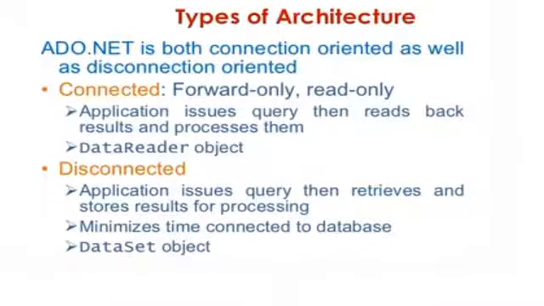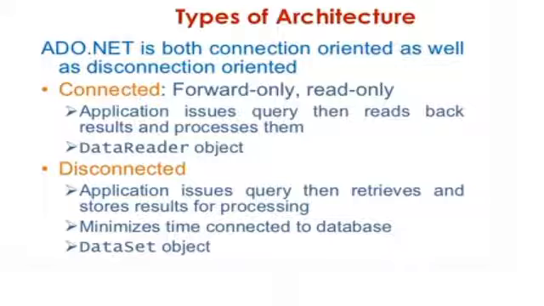Connected means that you don't need to connect repeatedly. That means forward only and read only. Once you get the record, you can go next, forward, backward. That is the connected architecture.